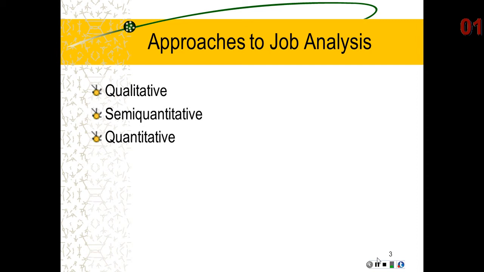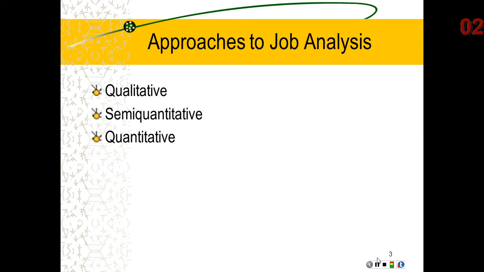Some of the approaches will be a simple qualitative analysis, and I would say probably almost everybody in this class has done a qualitative ergonomic analysis at some point in their life. In a qualitative, you're collecting basic observational data using tools such as ergonomic checklists, possibly your JHAs, possibly interviewing workers, possibly looking at the jobs even if you're not collecting data.